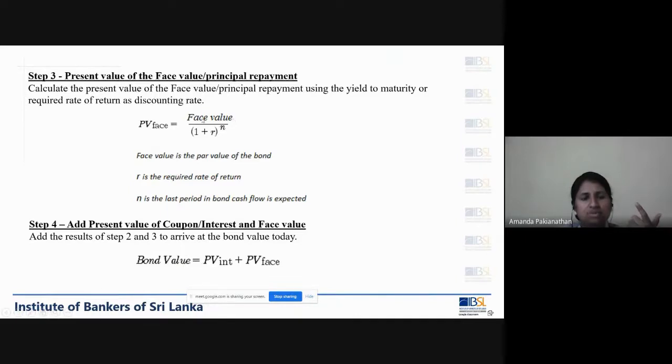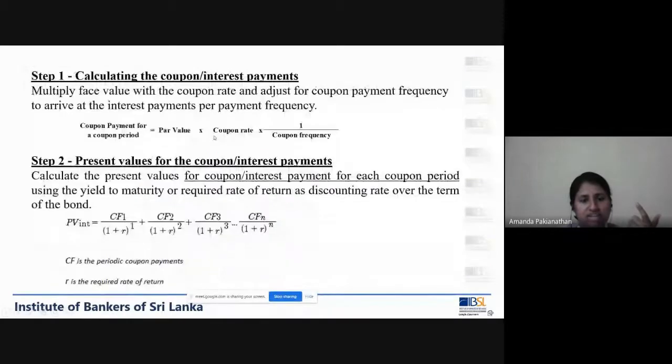No, face value is pretty much the same. Then you have R factor. Can you see tenor affects face value as well, and then you have another factor affecting both, which is R, the required rate of return. So these three will influence your bond value or the intrinsic value of the bond.